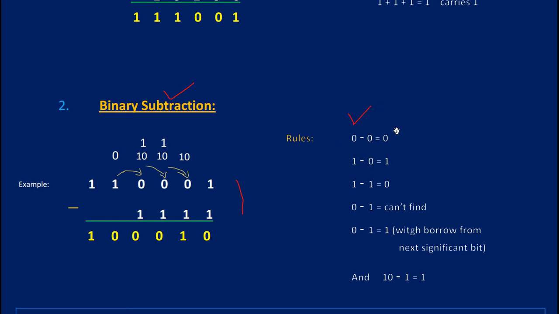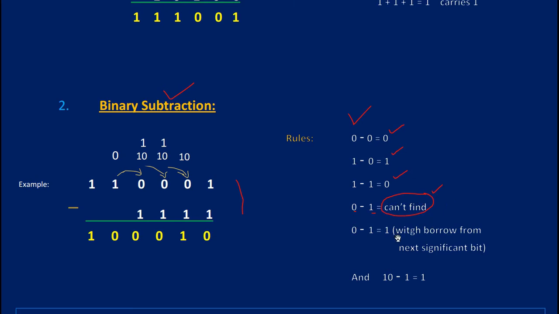Let's discuss the first rule. 0 minus 0, the answer will be 0. 1 minus 0, the answer will be 1. And 1 minus 1, the answer will be 0. If we subtract 1 from 0, it is not possible, because we cannot write a negative value directly in binary subtraction. So 0 minus 1 could not have any answer.